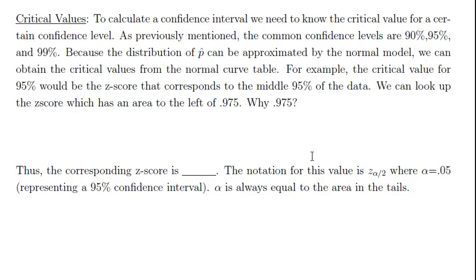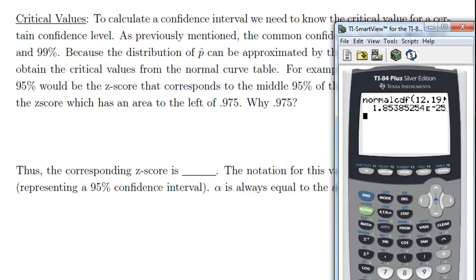But if we wanted to look up a z-score that corresponds to the middle 95% of the data, that means in the tail I would have 2.5% to the left, 2.5% to the right, and I can look up either 0.975 or 0.025. And so I can do that on my calculator real quick.